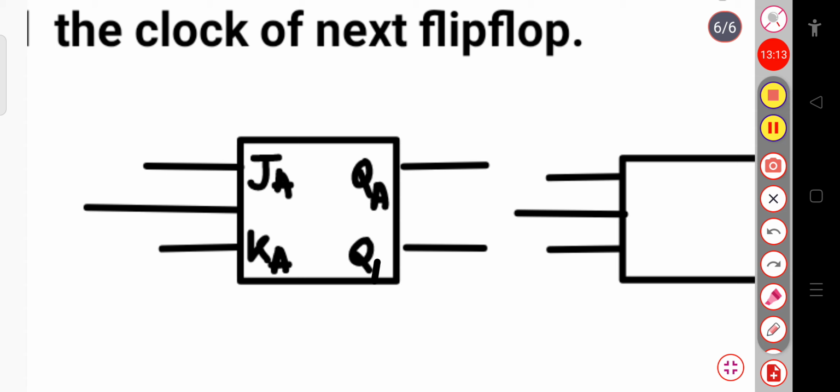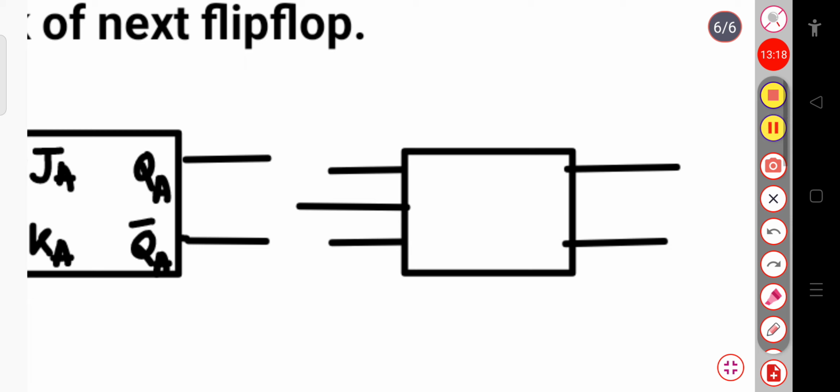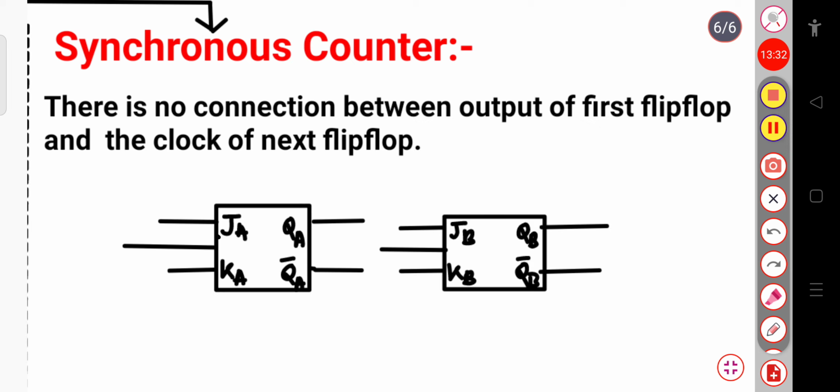Okay, and in the second case similarly, this is JB, this is KB, and here are the QB output and QB bar output. And here I am giving this negative edge clock pulse. This is our clock pulse.